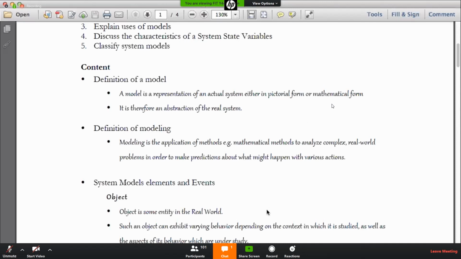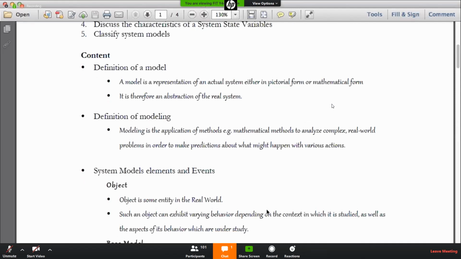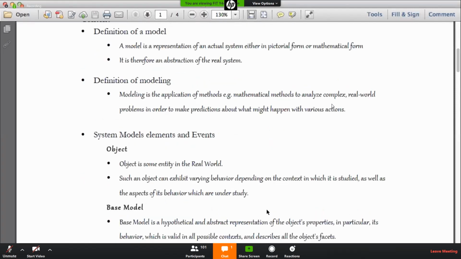The next thing that we need to know, which is an element of a model, is what we call a base model. A base model, we normally call it a hypothetical or an abstract representation of the object's properties, its behavior, which is varied in all possible contexts, and describes all the object's facets.